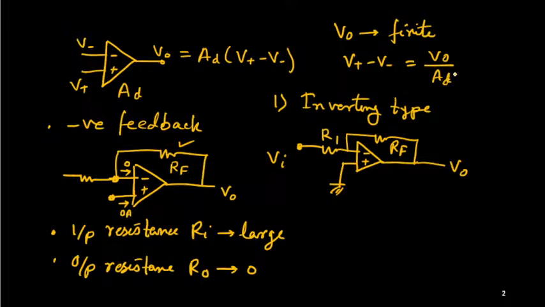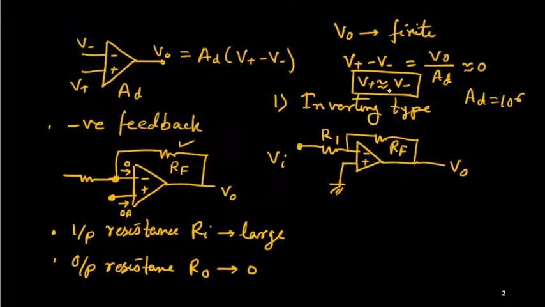If AD is very large, like 10 to the power 6, and V naught is suppose 10 volt, in that case this voltage is in the microvolt range, and that is almost equal to 0. So the meaning is that V plus is almost equal to V minus. That is the most important part. It is called virtually connected. We will be using these two concepts.